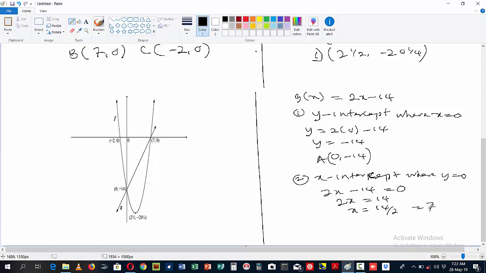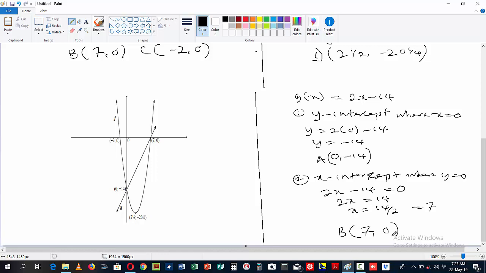Now we have the point of x, which is 7, and the point of y, which is 0. We can now write it in form of coordinates. We also have it before, which is coordinate B. x is 7, y is equal to 0. We have all our coordinates.